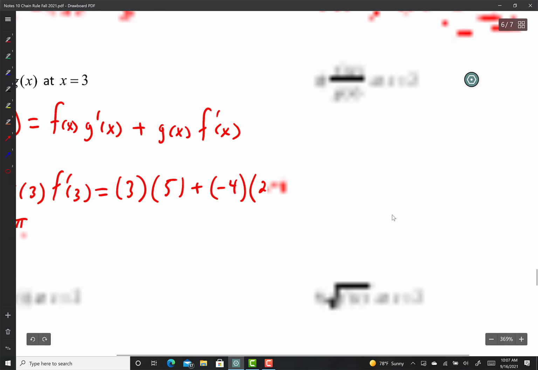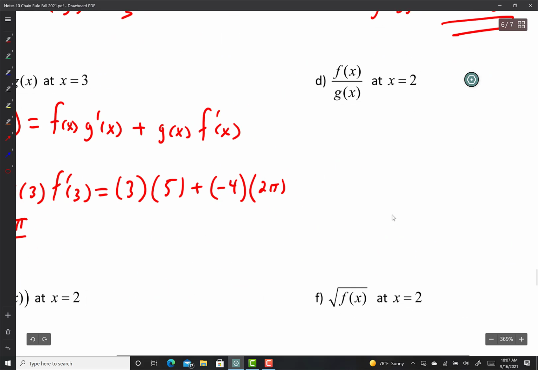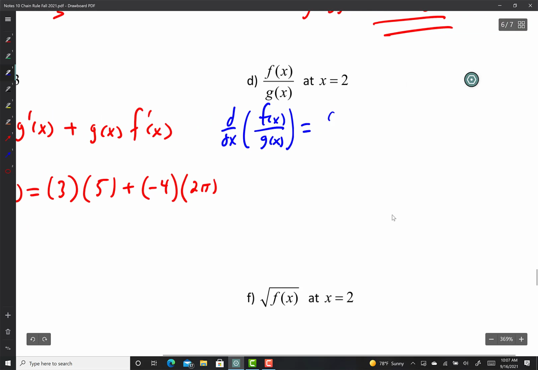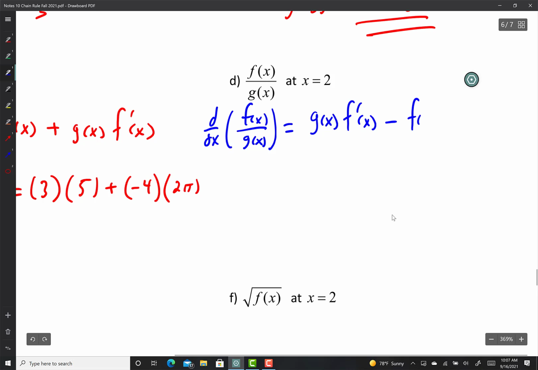This one might bleed a little, so I'm going to change the color. d dx of f of x over g of x. What rule do I got to use? Quotient. So bottom, g of x, times derivative of the top, f prime of x, minus top, f of x, times the derivative of the bottom, g prime of x, all over bottom squared.